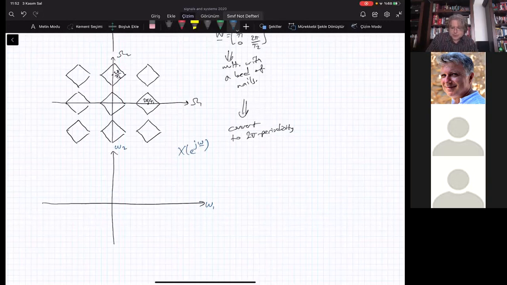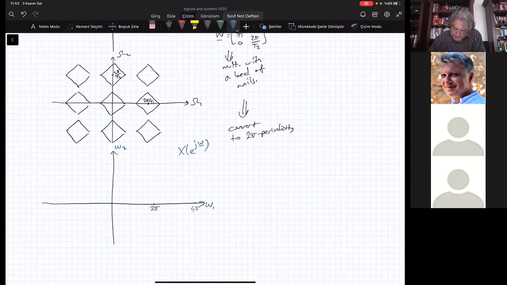but it's not going to be periodic with 2 pi over T1 horizontally and 2 pi over T2 vertically, but it will be periodic with 2 pi in both directions. So this new period will be 2 pi, both horizontally and vertically.